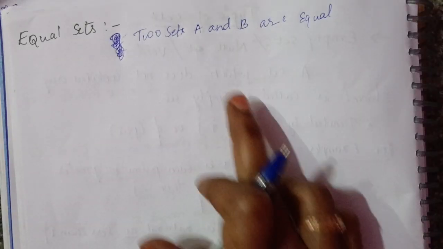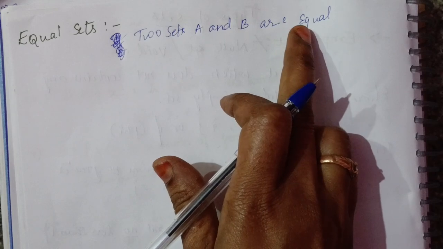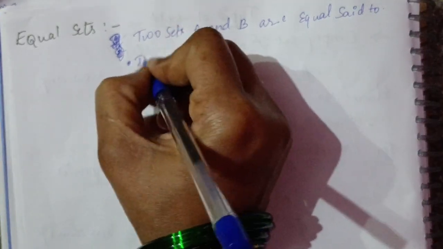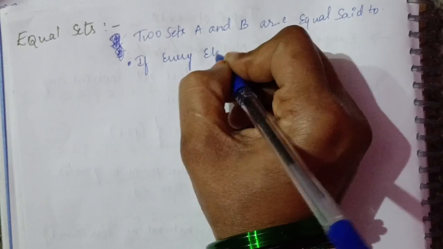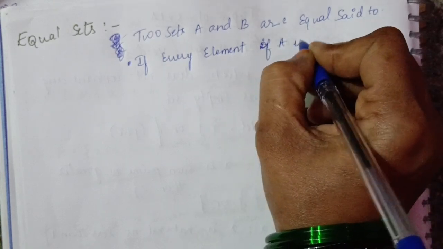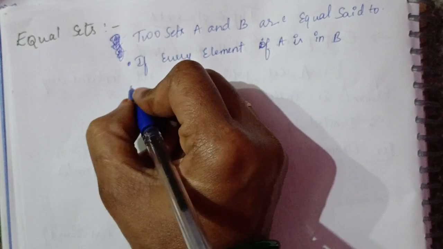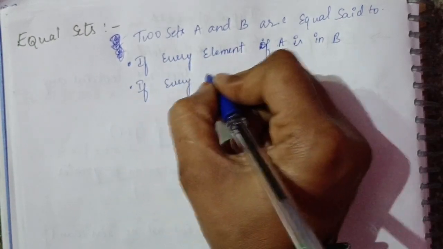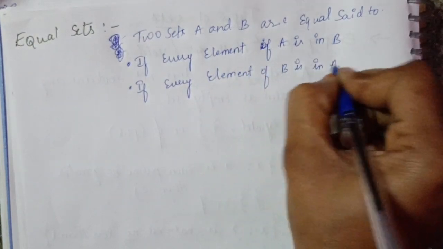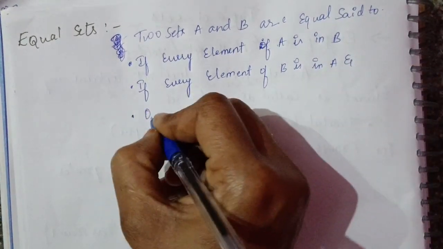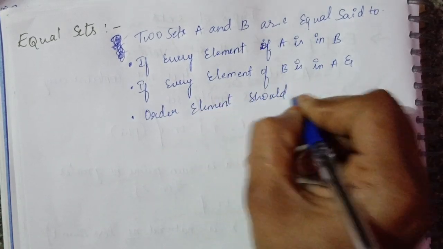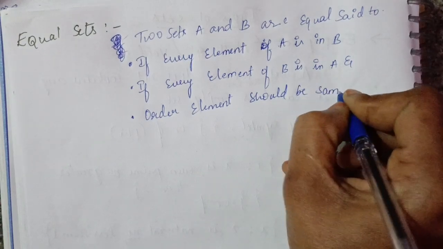Equal sets means two sets A and B are said to be equal if every element of A is in B, and if every element of B is in A, and the order of elements should be the same, then we call it equal.